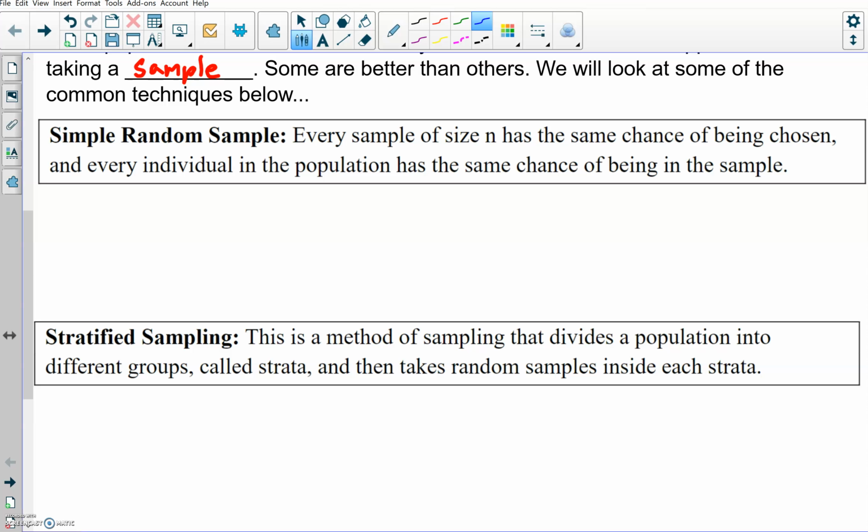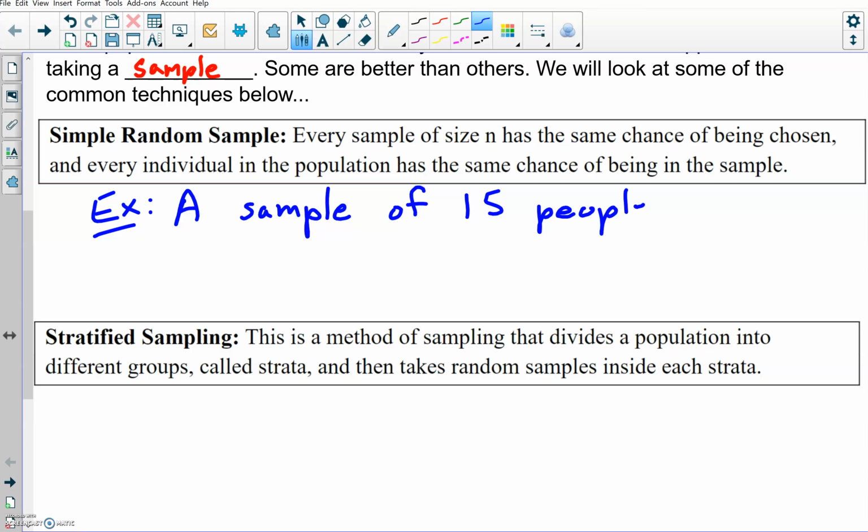This is an example here of a sample. A sample of 15 people is randomly selected from a list of the population.